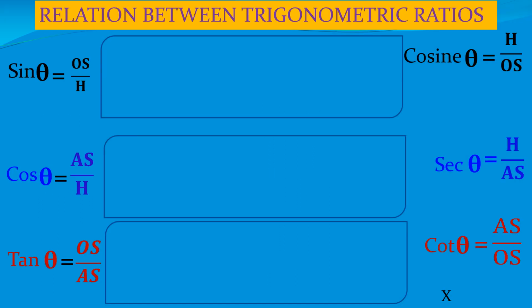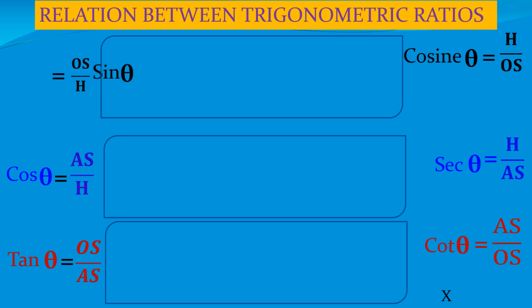Let us see, is there any relation between trigonometric ratios? We know that sin theta is equal to opposite side by hypotenuse, and the reciprocal of this one, cosec theta, is equal to hypotenuse by opposite side.